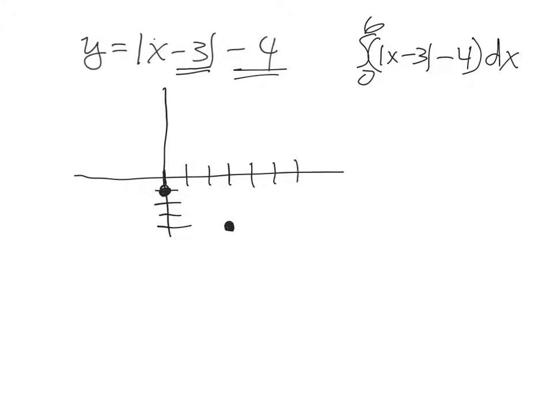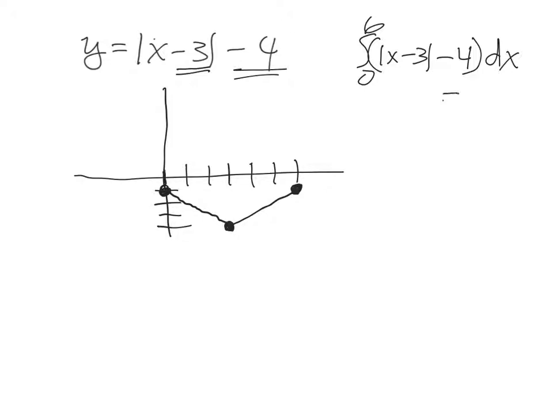And if x is 6, y is going to be negative 1 as well. Now, it doesn't have to be that. I picked out kind of a symmetric definite integral here. But we would have the V shape, okay, from 0 to 6. This would be the graph representing that integral.